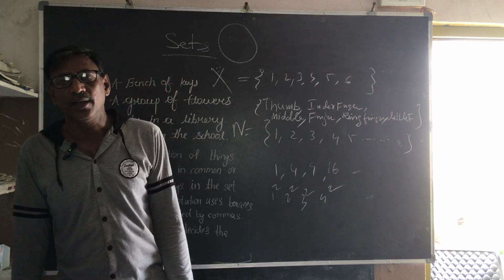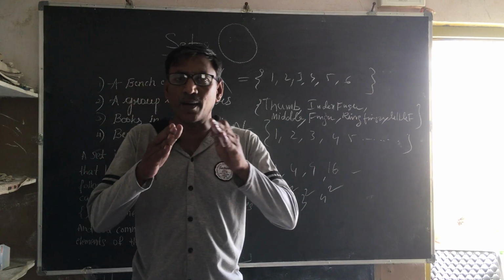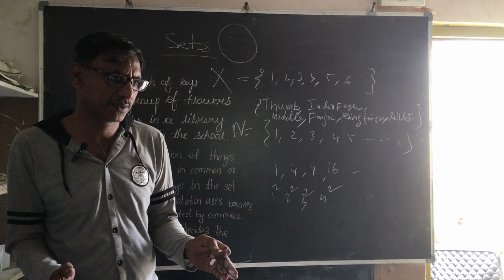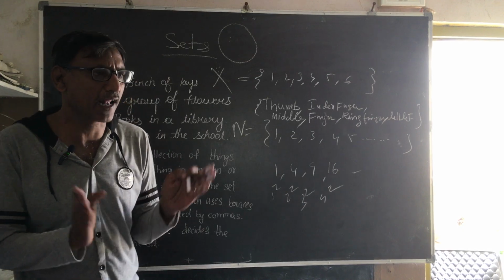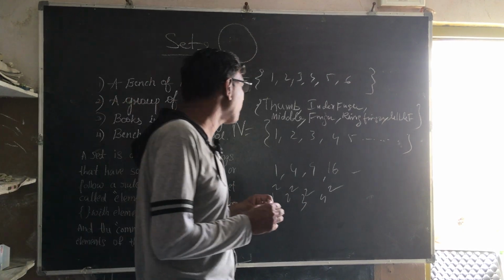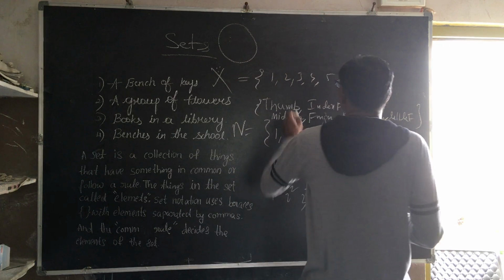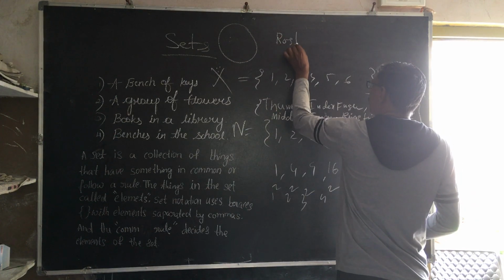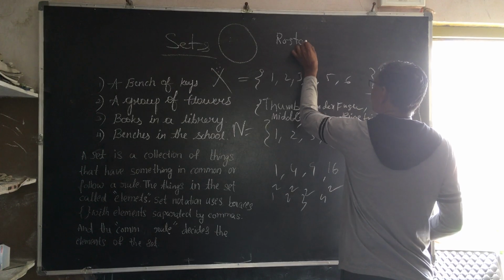But sets are in the form of two kinds. They are in two types. I'll tell you with the help of an example. The first one is roster form.